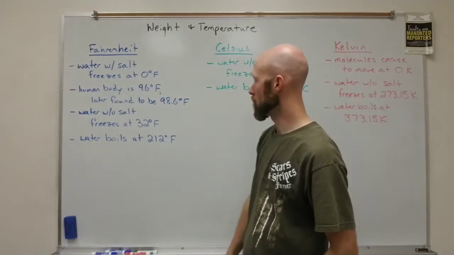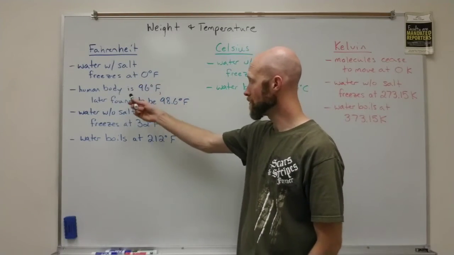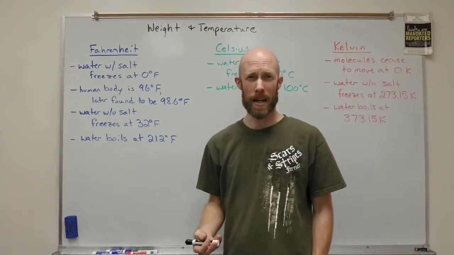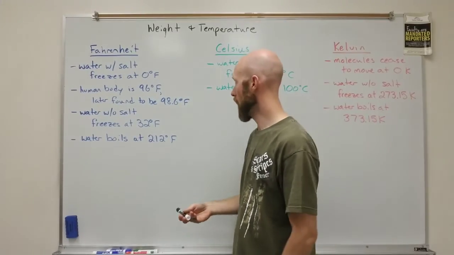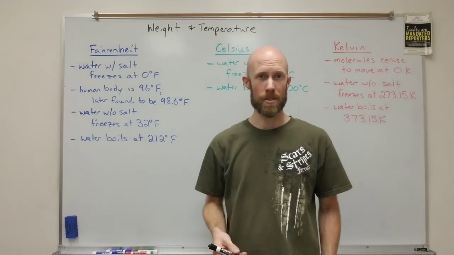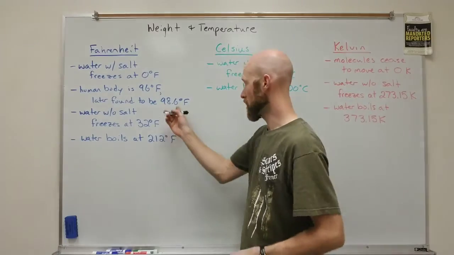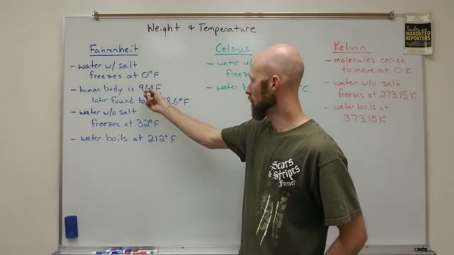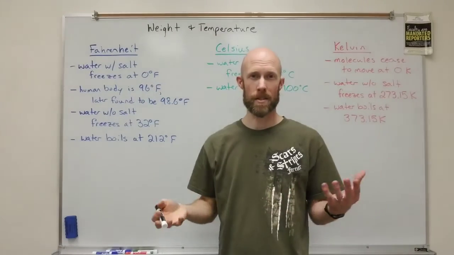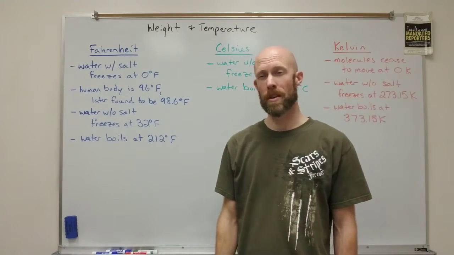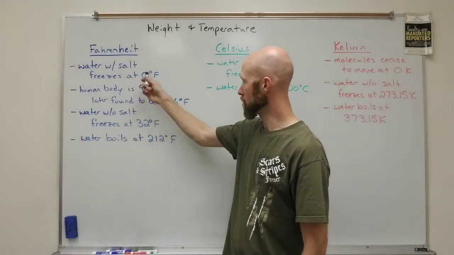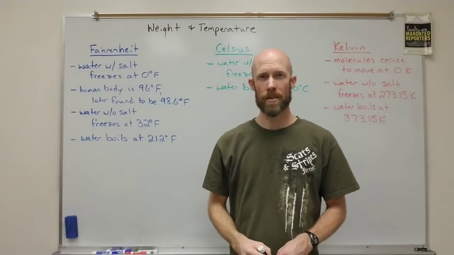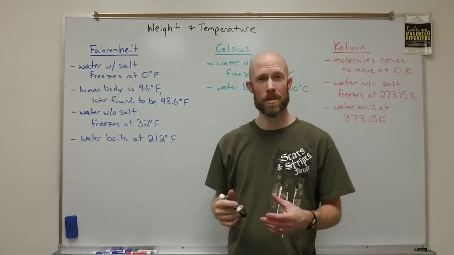And so he called that 0 degrees Fahrenheit. And he thought the human body had an average temperature of about 96 degrees, which he was wrong about. It's actually 98.6, but he used 96 and cut the difference into 96 equal pieces, called them each a degree Fahrenheit, and that was the establishment of that system.